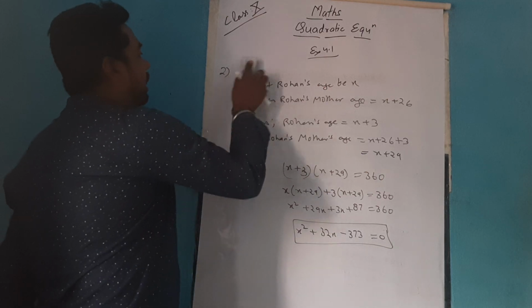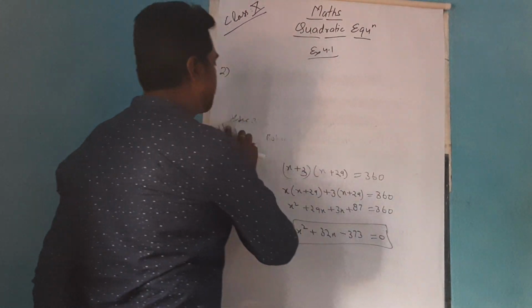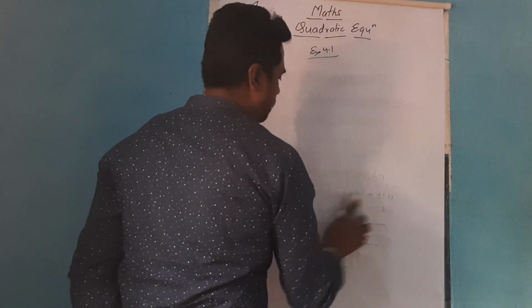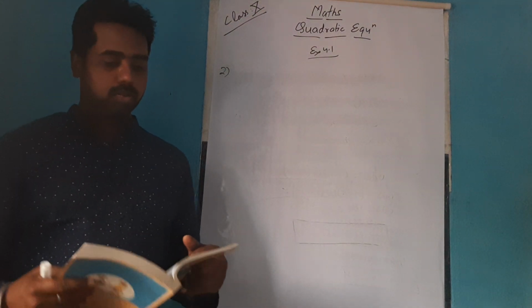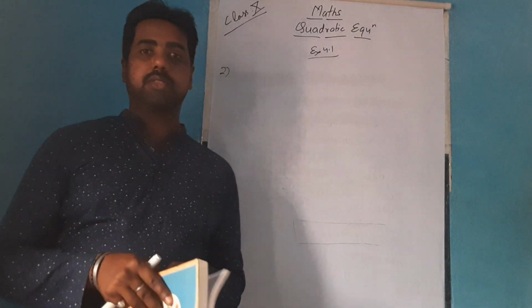Now moving to the last part of the same question, which will finish up the first exercise also. The last part of the question is quite simple. A train travels a distance of 480 km at a uniform speed.